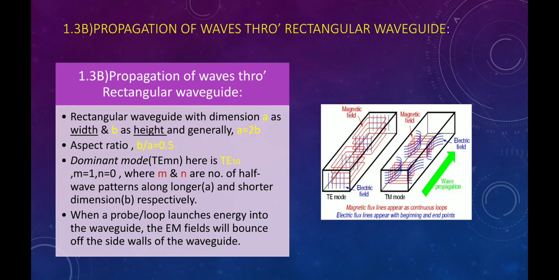When a probe is used to launch microwave energy into the waveguide, the electromagnetic fields will bounce off the side walls of the waveguide. In the adjacent figure we can see the electric and the magnetic fields, how they are propagating along the z direction. Both these electric and magnetic fields are, you can see, perpendicular to each other.